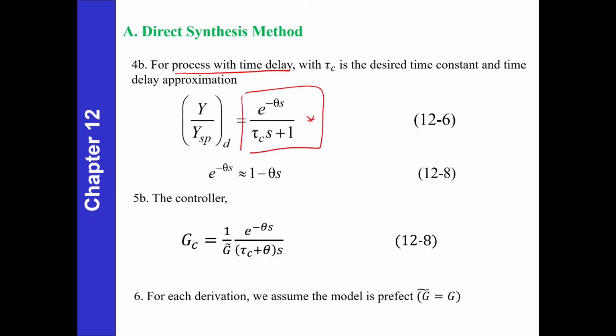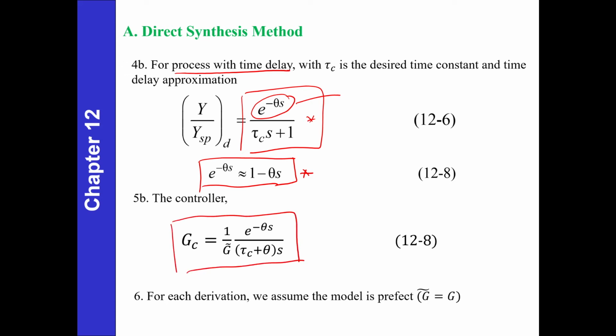This is the equation that represents time delay. Exponent negative theta s is approximately equal to 1 minus theta s. And you should get this. Let us continue our derivation.